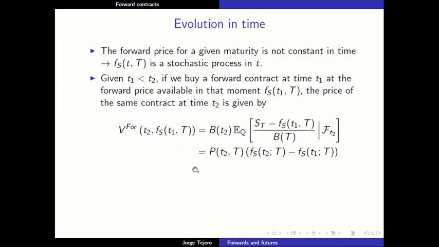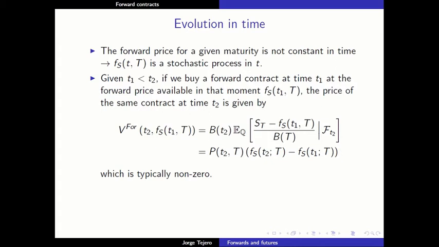Okay, so we see that if the forward price at some future date is not the same as the forward price that we had when we purchased the contract, then the value of the forward contract is no longer going to be 0.